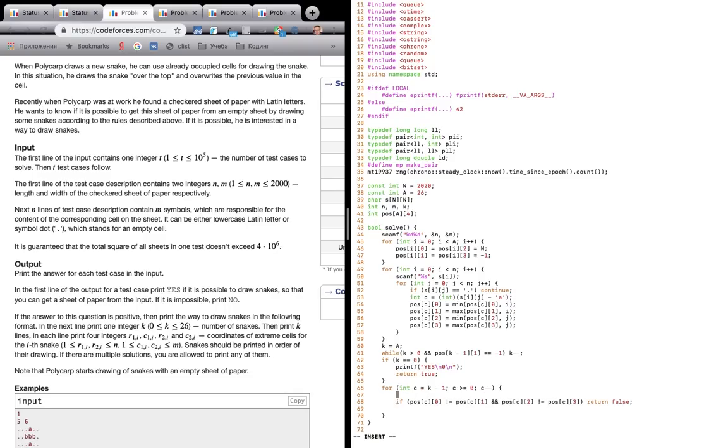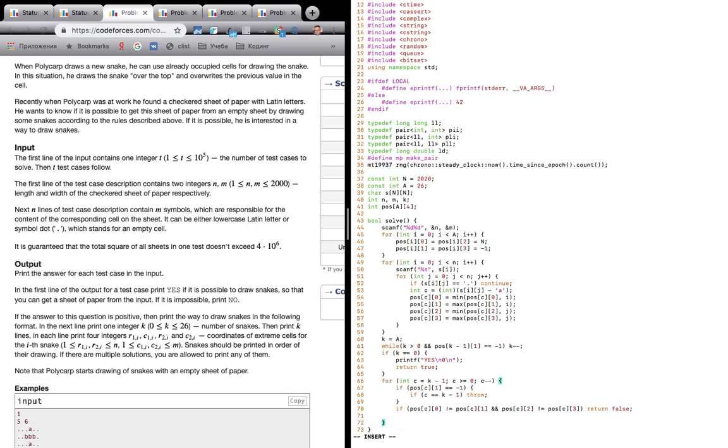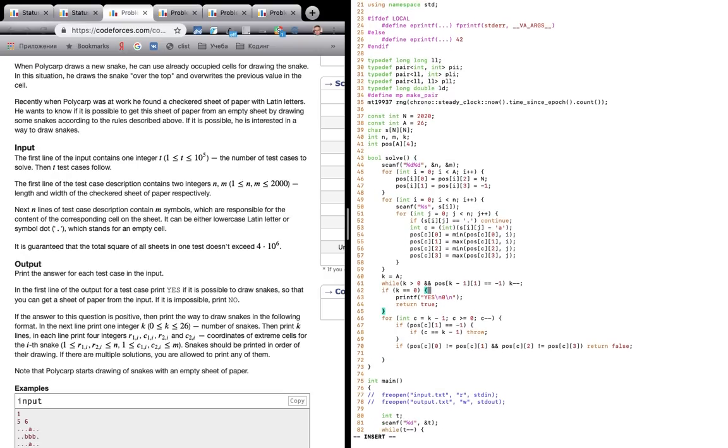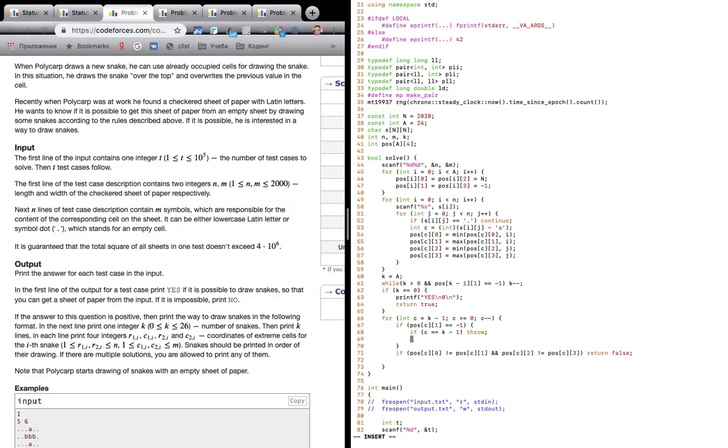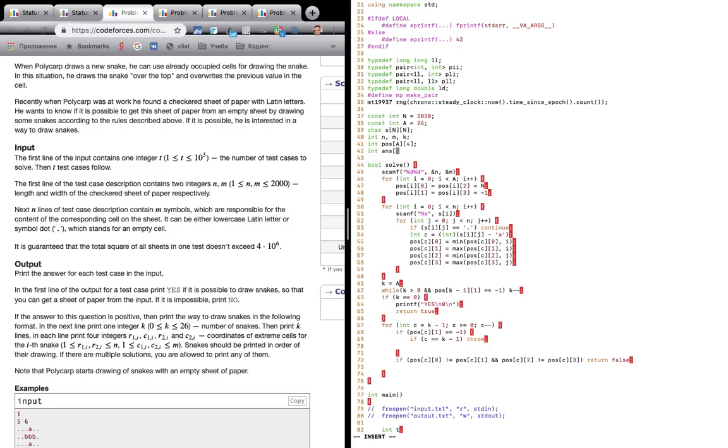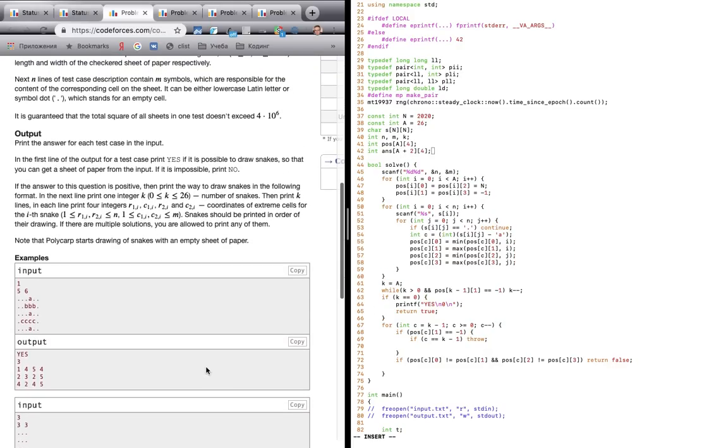I forgot. It can happen that we don't have any letters left of this kind. This is insane. We know that we have k-1, otherwise we will not stop here. And we can just, okay, I'm working backwards, so I have to store the answer somewhere and then print it.